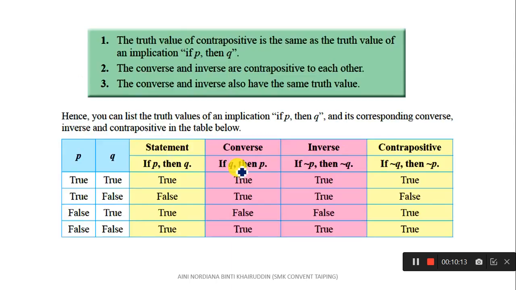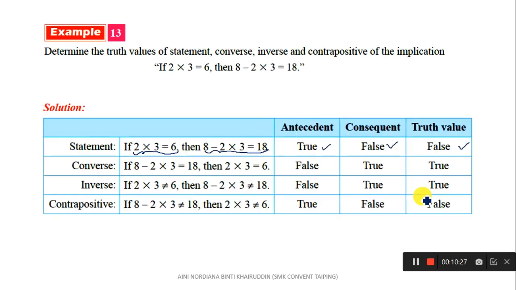Remember the table just now? The first statement is true, the second statement is false, then the statement is false, and the contrapositive is also false. For the converse, the antecedent is false and the consequent is true, so the truth value is true.